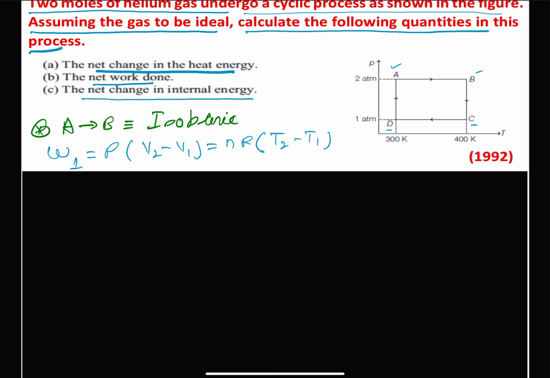So we can write our W1: n is our 2 moles, R is 8.314, and T2 is our 400 minus 300, and this gives us 1160 joules.